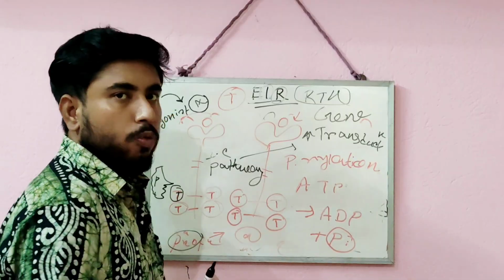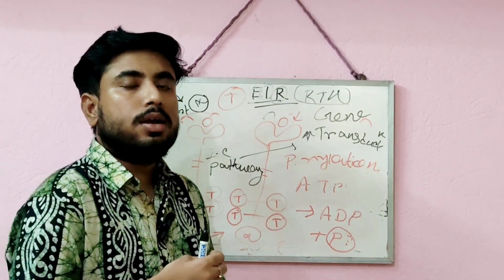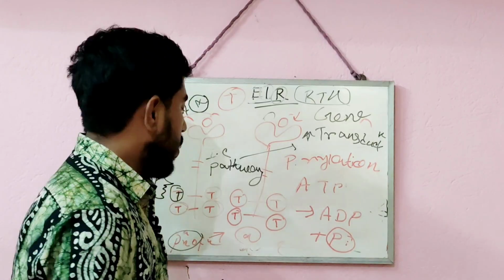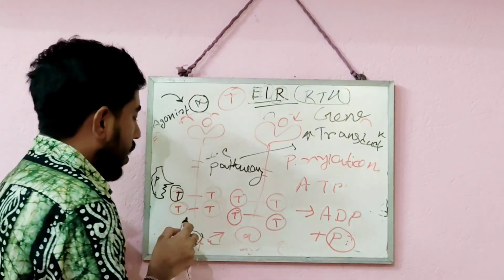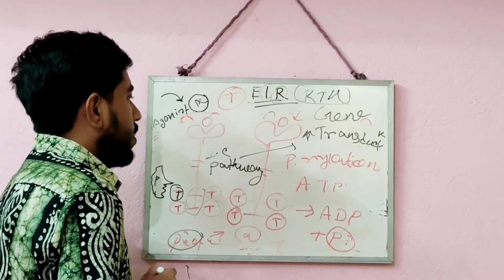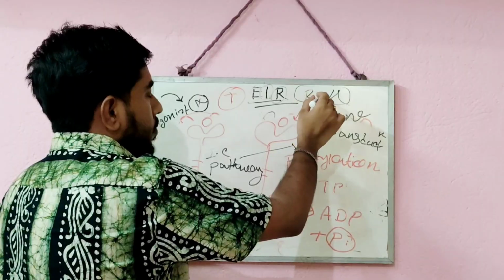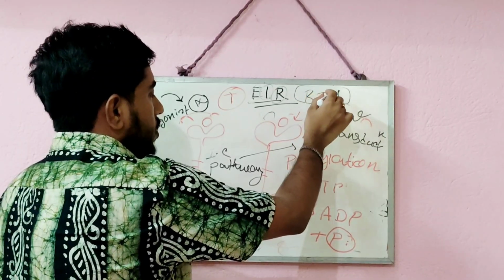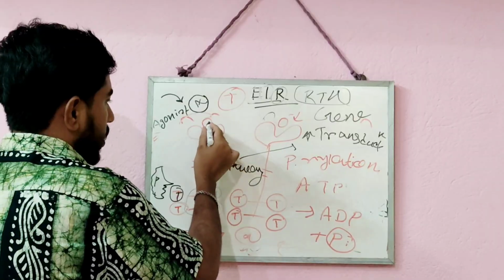They have two domains: one is the enzyme-linked domain, and another is the external or ligand-linked domain. Generally, which enzyme will come and bind? That is tyrosine. That tyrosine will bind into the enzyme-linked internal domain of the receptor, and RTK, called receptor tyrosine kinase, will come and bind into that part.